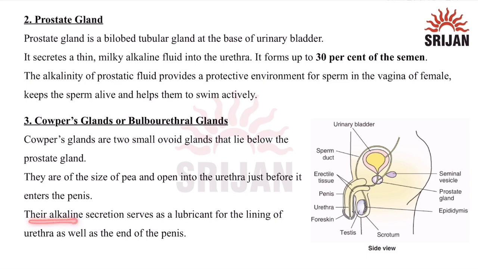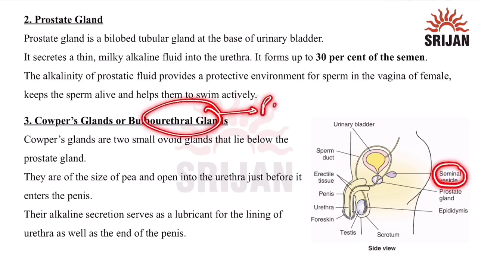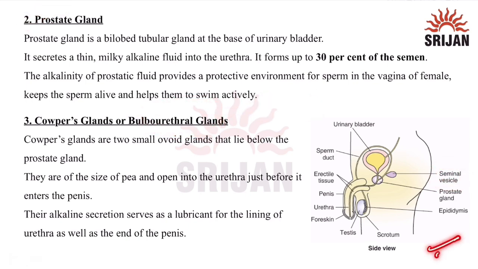Their alkaline secretion serves as a lubricant for the lining of the urethra as well as the end of the penis. What you learned is that the seminal vesicle and the bulbourethral gland are paired, whereas the prostate is a single gland. I hope this topic is clear to you.